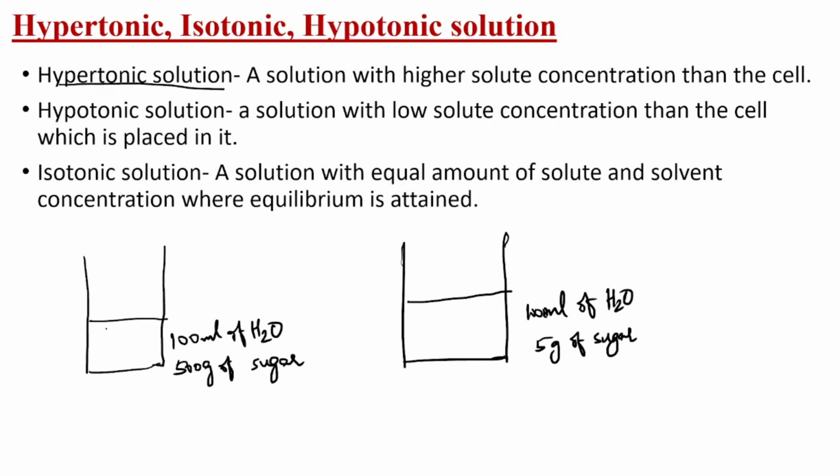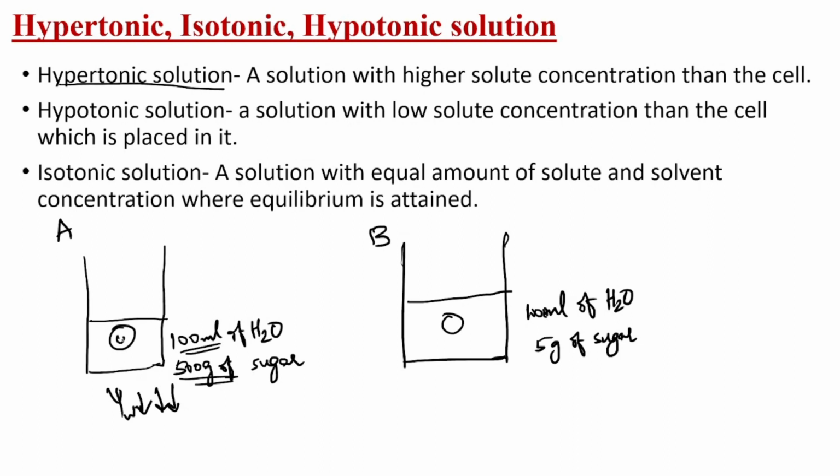Now let us put a plant cell or any animal cell, it can be liver cell, red blood cell, anything, into both beakers A and B. And let us see what actually happens. Now see here, this beaker A is having 100 ml of water and 500 grams of sugar. Obviously it is highly concentrated. Water potential is very less when compared to the plant cell or animal cell. So what actually happens?